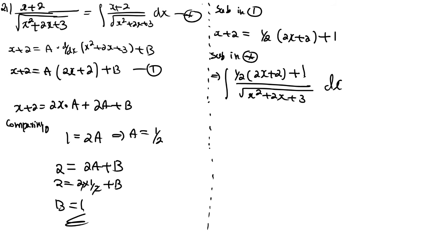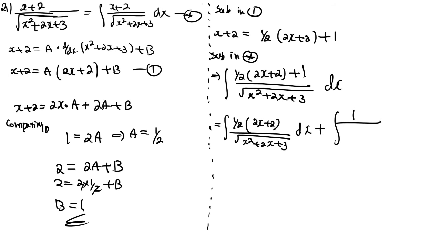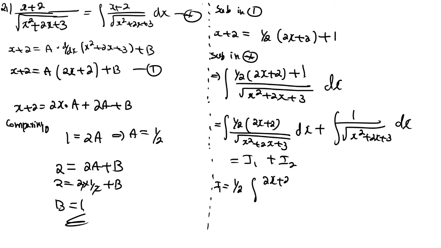Now split this: it is equal to integration of 1 by 2 into 2x plus 2 divided by square root of x square plus 2x plus 3 into dx, plus integration of 1 by square root of x square plus 2x plus 3 into dx. Then, same procedure: take the first as I1 and the second as I2. Now consider I1 equal to, keeping 1 by 2 outside, 1 by 2 into integration of 2x plus 2 divided by square root of x square plus 2x plus 3 into dx.